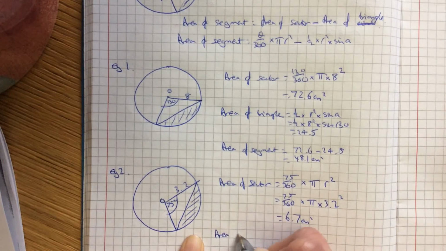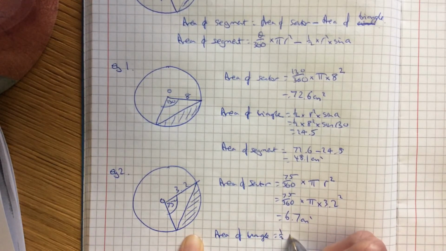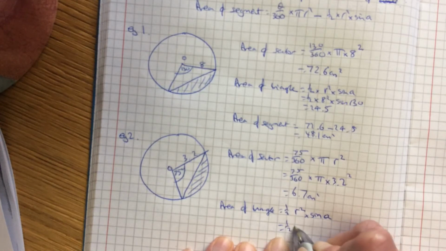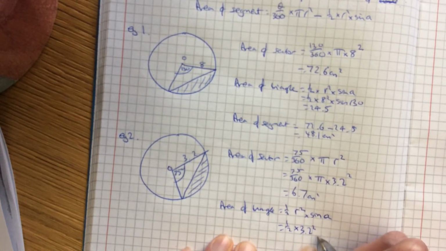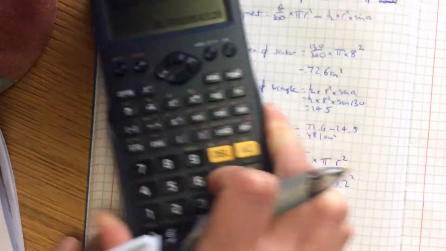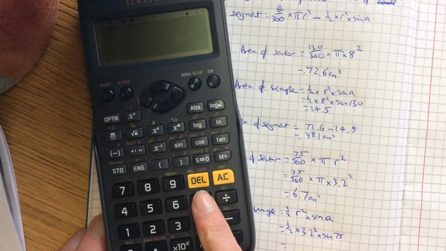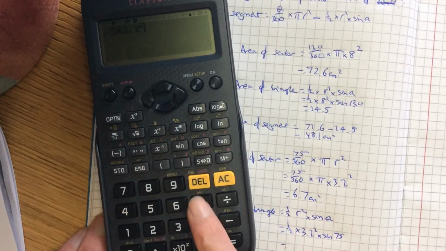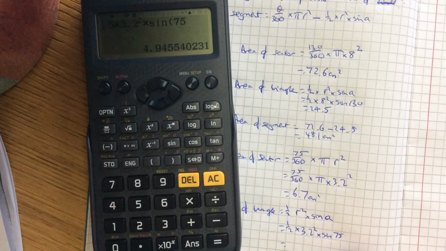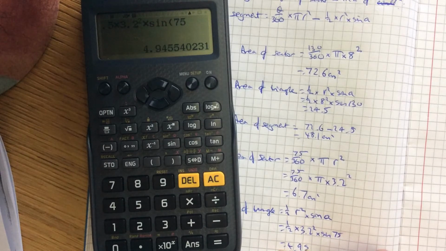Now, do you remember how to do a triangle? So area of triangle is a half the radius squared times sine the angle. Strange, isn't it? So it's a half 3.2 squared times sine 75. So we'll just take you through that again. Half is 0.5 times 3.2 squared times sine 75, giving you an answer of 4.95.